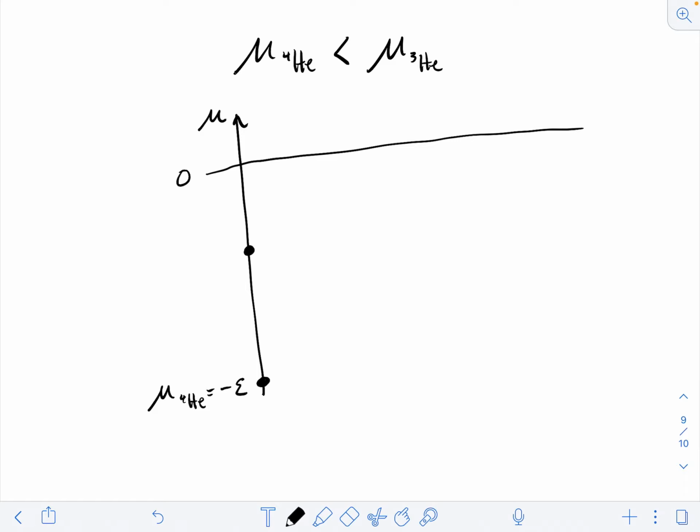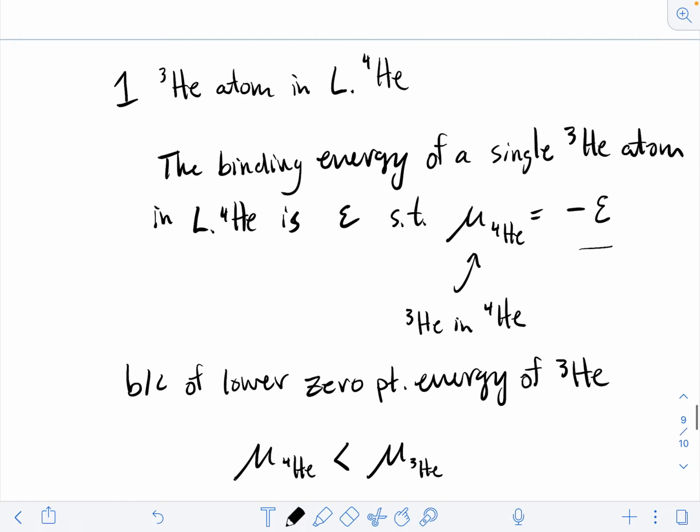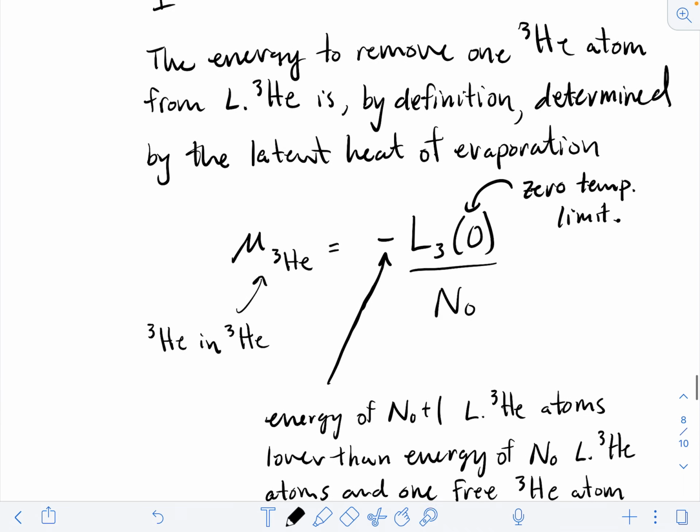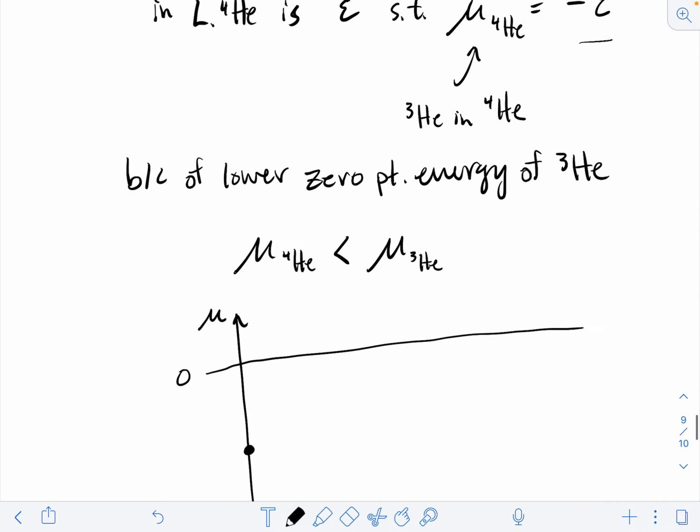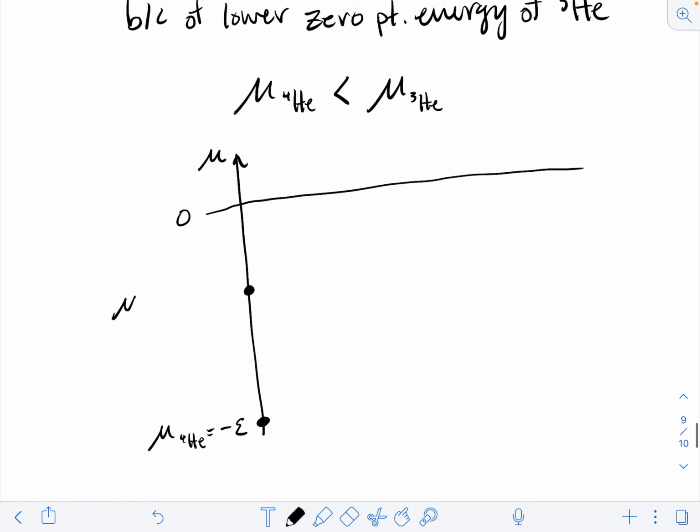And then over here is the case for a helium-3 atom in liquid helium-3, and that's minus the latent heat divided by N. And so that's what it is for a single particle.